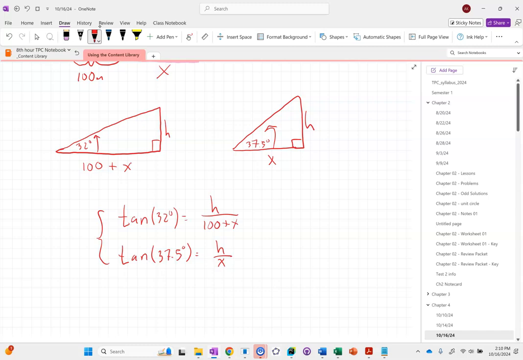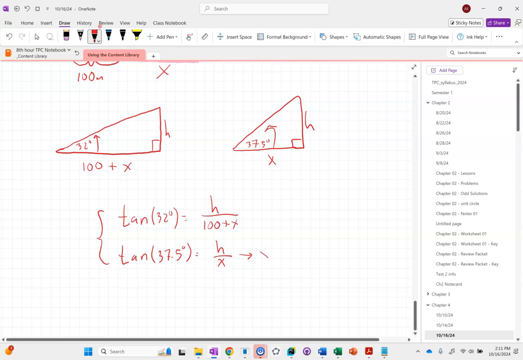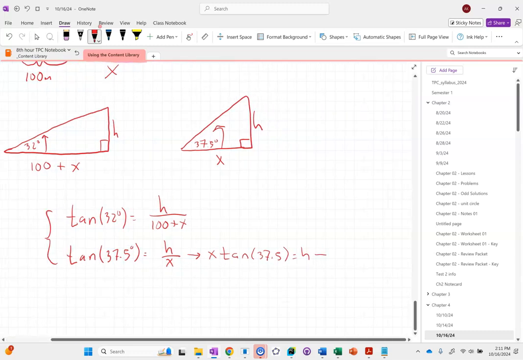Okay with that plan? Does it look like it's easier to get the X by itself in equation 1 or equation 2? 2. So to get the X by itself, I'll multiply both sides by X, and then divide by tan 37.5.